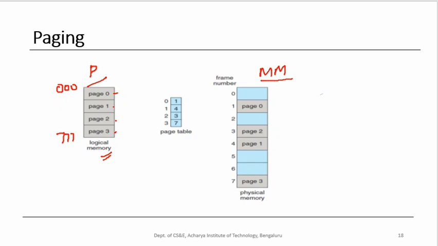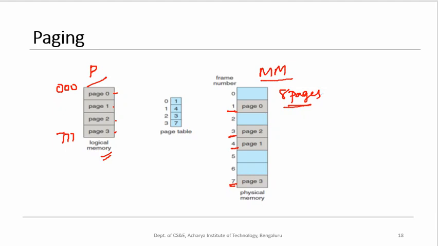And these pages are actually kept in an out of order fashion, in the sense page 0 is kept in frame number 1, page 2 is kept in frame 3, page 1 is kept in frame 4, and page 3 is kept in frame 7 of the main memory. The main memory has 8 frames, so it can accommodate 8 pages.